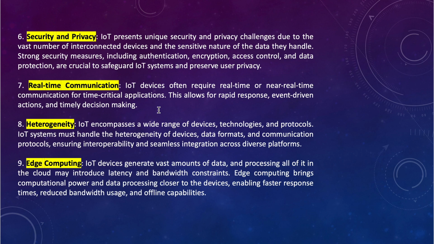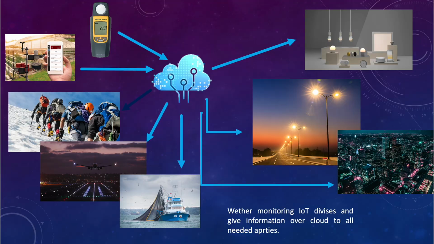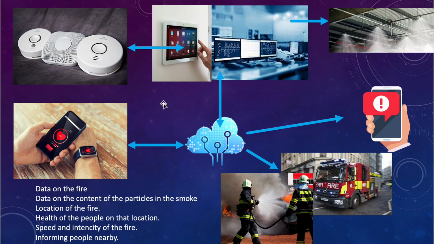So now we can see that we have used IoT to give rapid response, event-driven actions, and timely decision making. If we look at an example, the best example is the fire extinguishing scenario: rapid response, quick decision making. We talked about how IoT can be used in such a scenario.